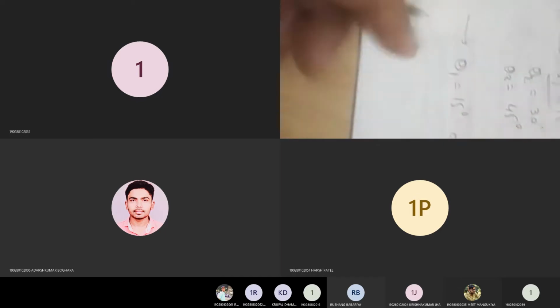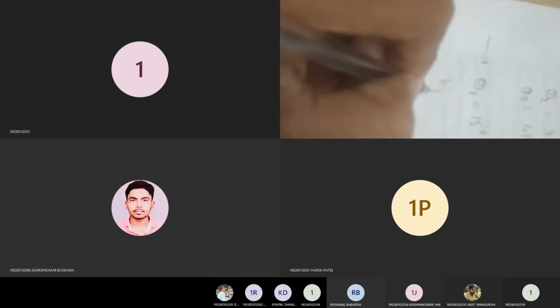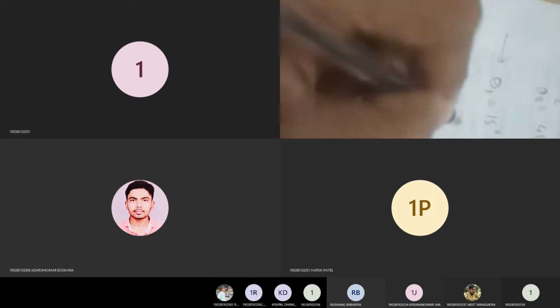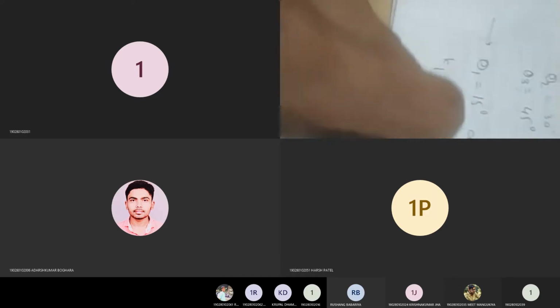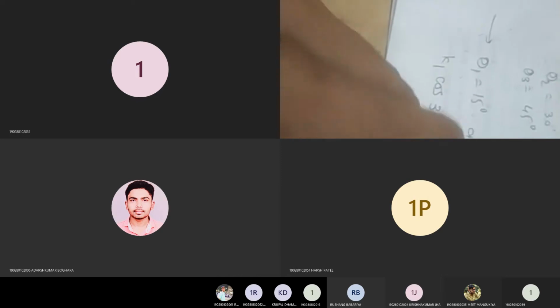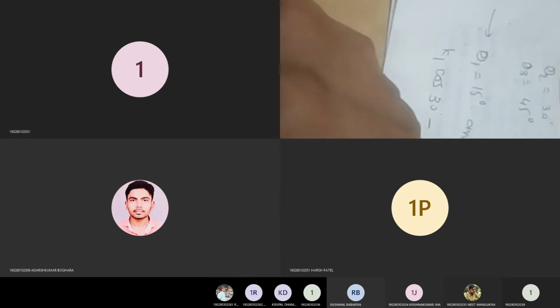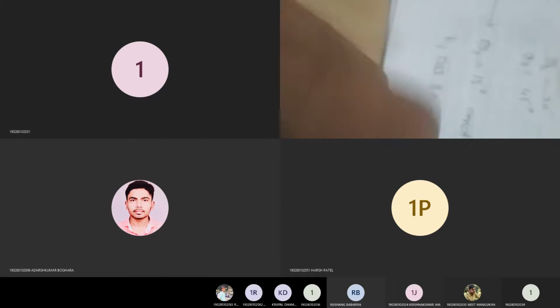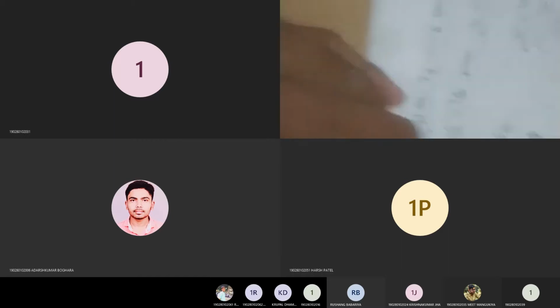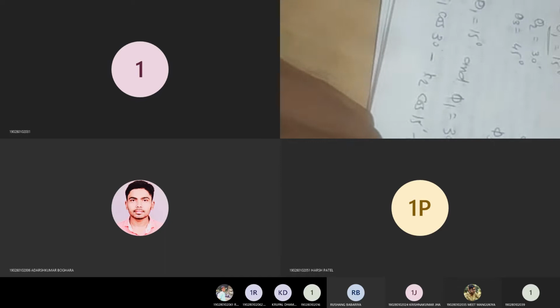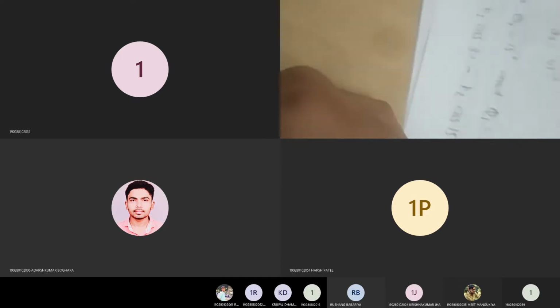So we are getting k1 cos 30 minus k2 cos 15 plus k3, okay, is equal to cos(theta minus phi), means cos(15 minus 30).